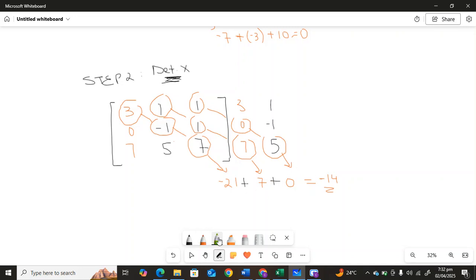We go to now the trailing diagonals. The bottom number to your left, 7 multiplied by negative 1, that is negative 7, multiplied by 1, you still get negative 7.